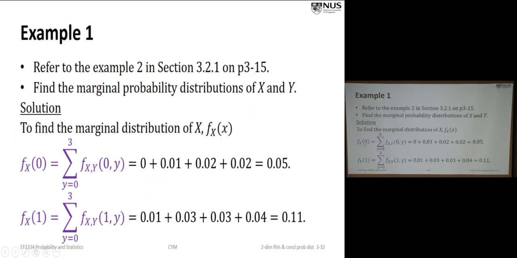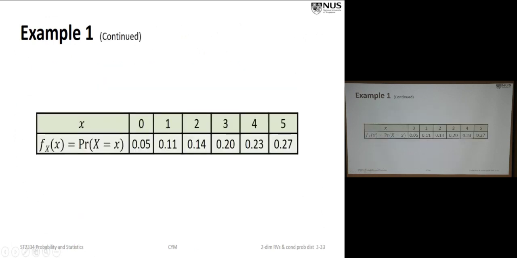So this is for 0, for 1, and so on. This is the marginal of x. Make sure this represents a PDF. In other words, you have to check whether f(x) is bigger or equal to 0. All the numbers are bigger than 0. Second, you have to check whether the sum of the probabilities equals 1. Yes.